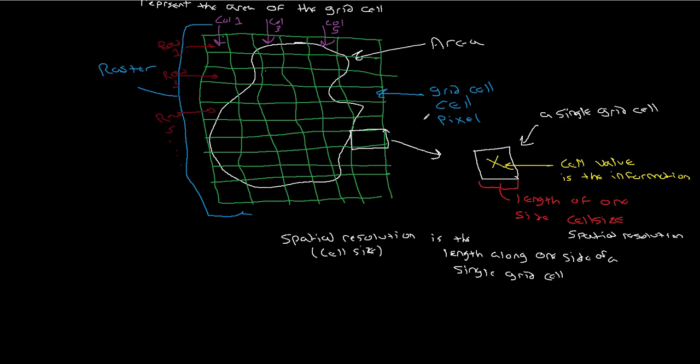And then two, I think it's important to talk about the trade-offs between spatial resolution, cell value, and data volume. So let's tackle that first question first. How do we actually set up, or how do we know where these grid cells are?